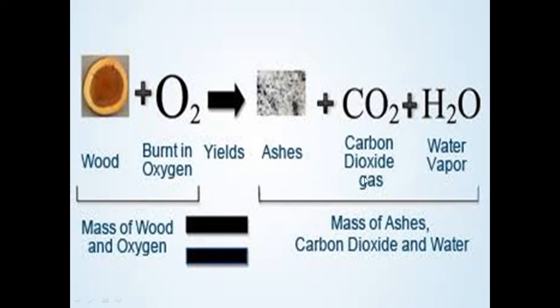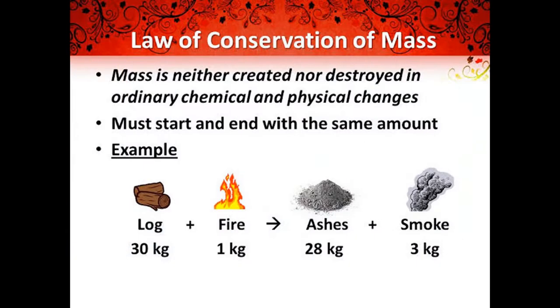If I add these three materials together, I will find that their masses must equal the masses of the wood and oxygen. So here the masses of the substances that are burned must equal the masses of the substances that are produced. So this is called the law of conservation of mass.